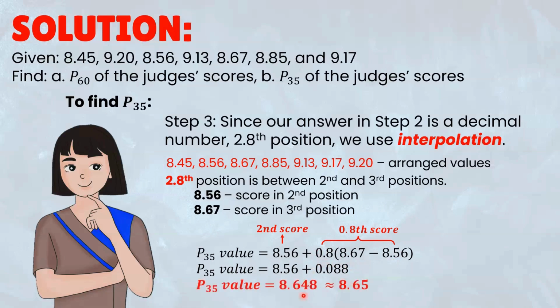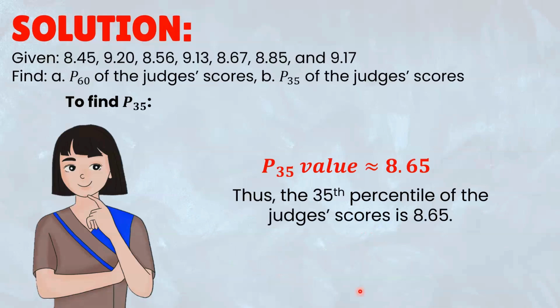Adding the 8.56, that gives us 8.648. Rounding that off to the nearest hundredths or 2 decimal places, we get an answer which is 8.65. So thus, the 35th percentile of the judges' scores is 8.65.